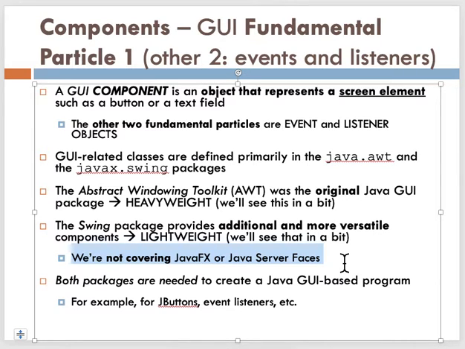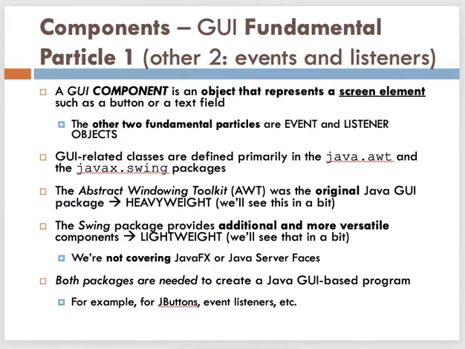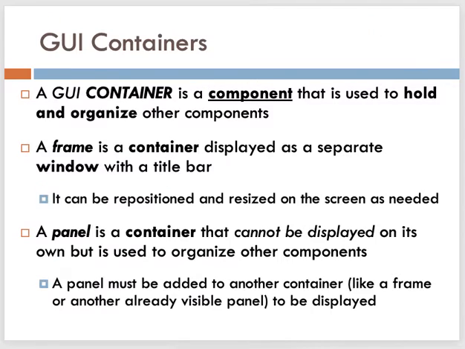It's probably the most popular one at this point, though the JavaFX approach is giving it a run for its money, decidedly. But both of these packages, java.awt and javax.swing, are needed to create a full Java GUI-based program, because we need to do both the JButtons and event listeners and all of that stuff.